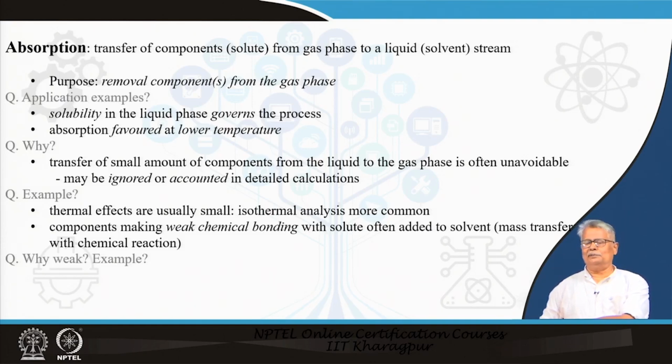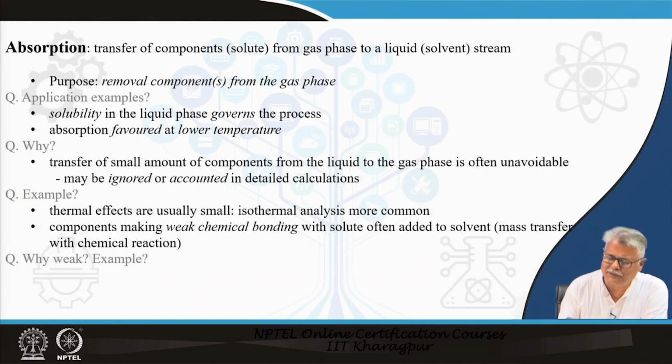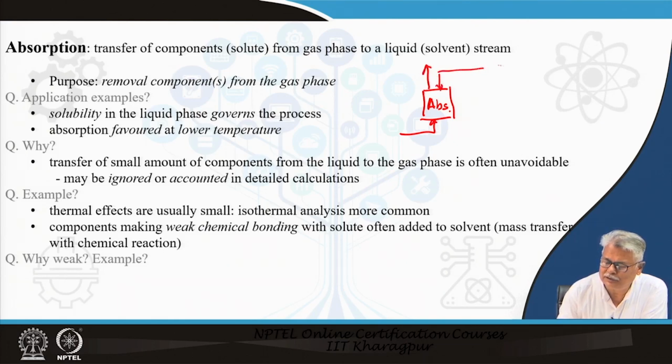If you look at the absorption as a process, you will find that if we just look at the tower itself, the absorption equipment, which I am showing here as a block. So, this is my absorber. Here I have my feed gas, and here is my exit gas. I am feeding it with the solvent.